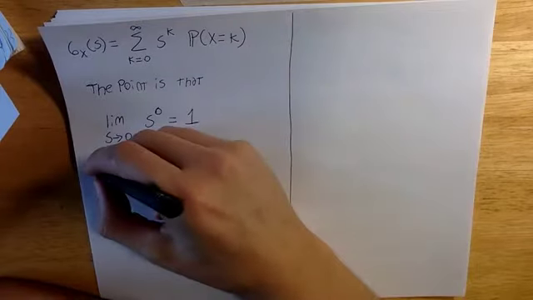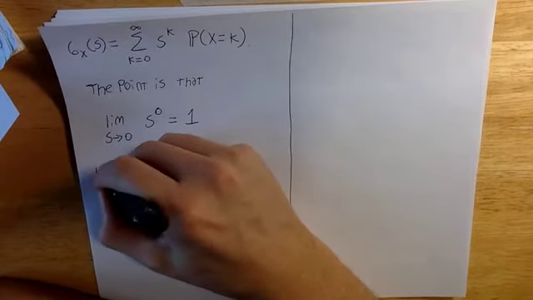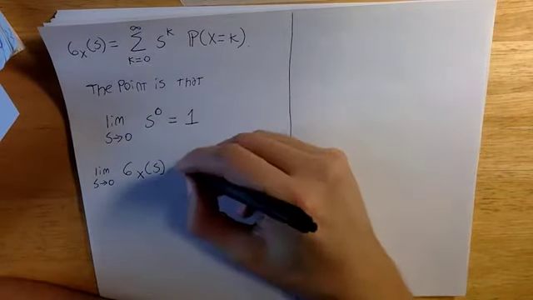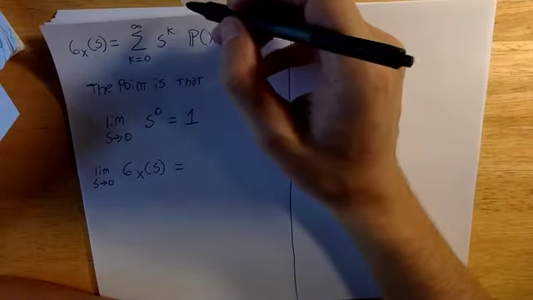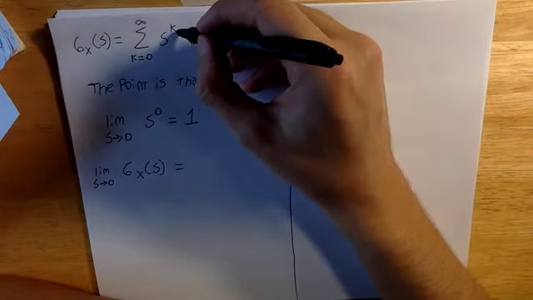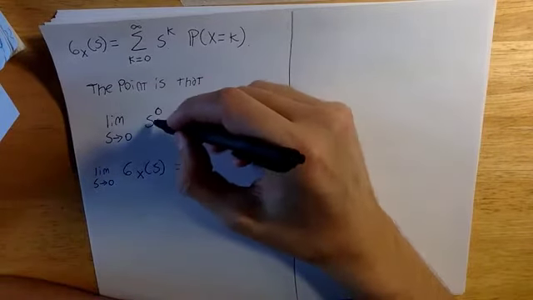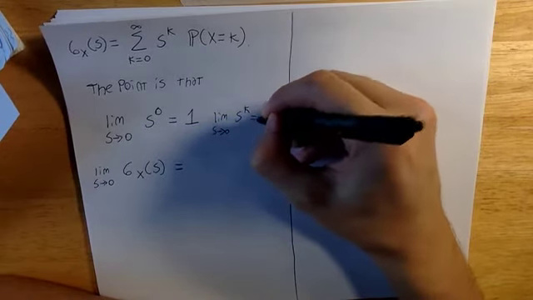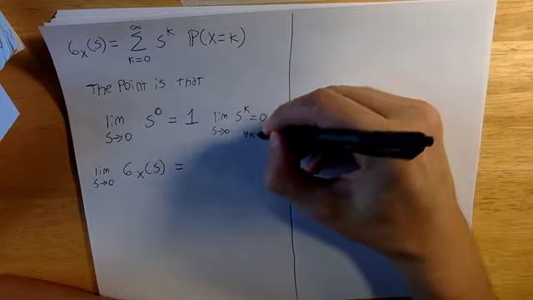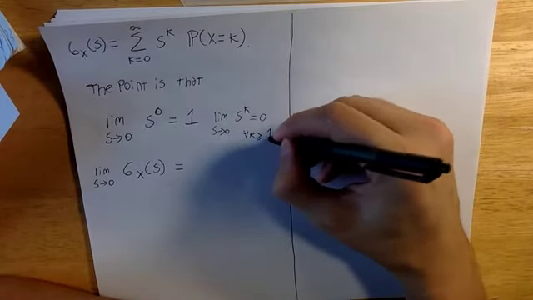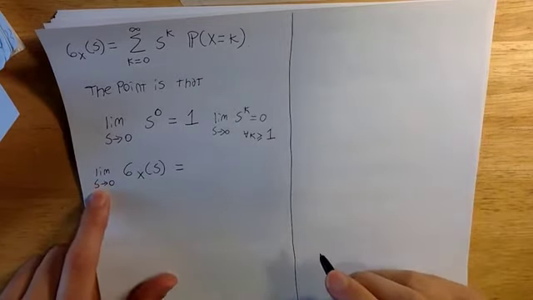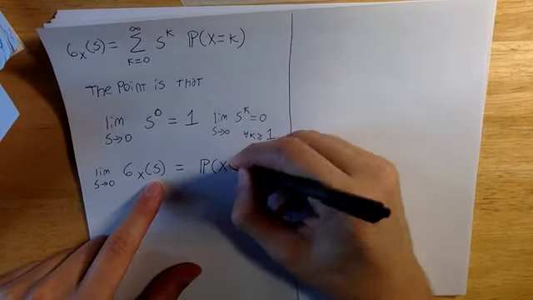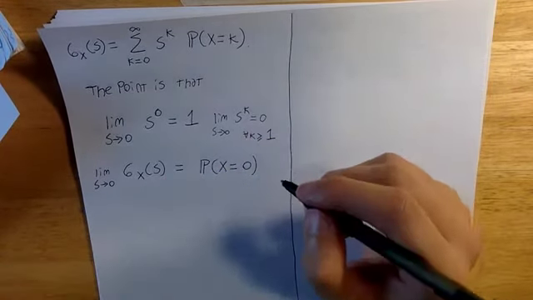So all of the other terms, where k is positive, the limit when s goes to 0 of s to the k is equal to 0 for every k bigger or equal than 1. So in particular, the limit when s goes to 0 of G_X of s is just going to be equal to the probability of X is equal to 0.